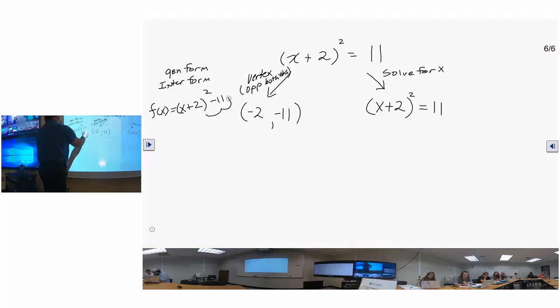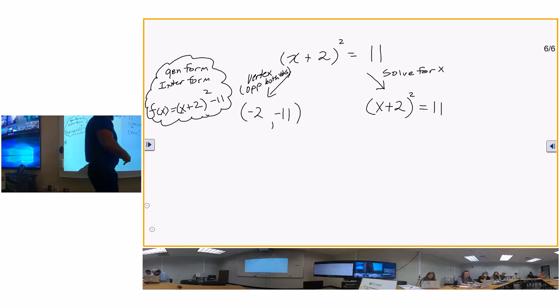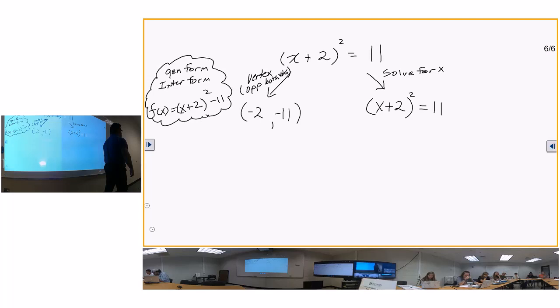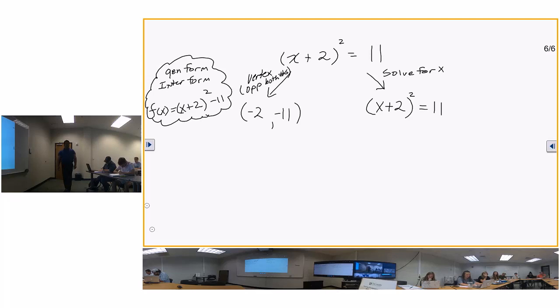Now you need to make a note of that because sometimes you're going to see that on your homework or test, and they're going to say put it in general form or put it in intercept form, and that's what you do. You bring the 11 back over, and then you put an f of x out in front of it.